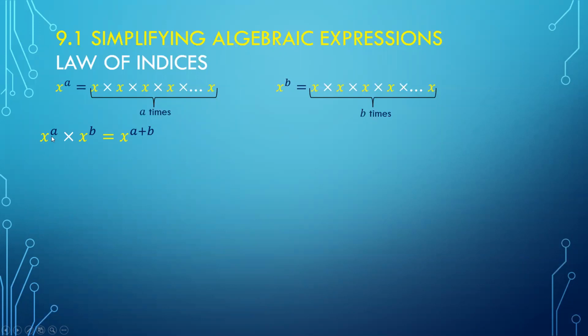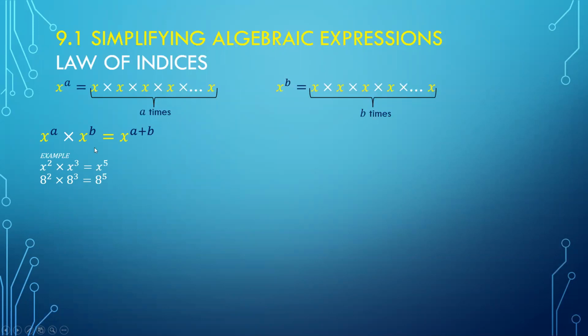When we have x power a times x power b, we are going to add the indices, a plus b. Then we have the answer x power a plus b. Right? For example, if we have x power 2 times x power 3, we have x power 5. And if we have 8 power 2 times 8 power 3, we have 8 power 5.